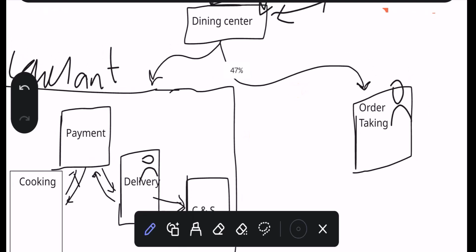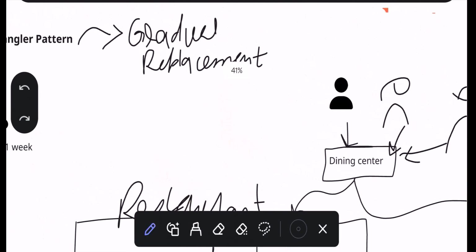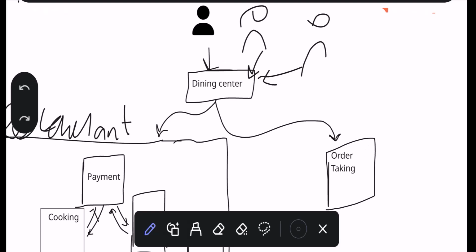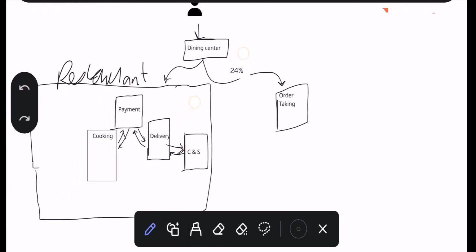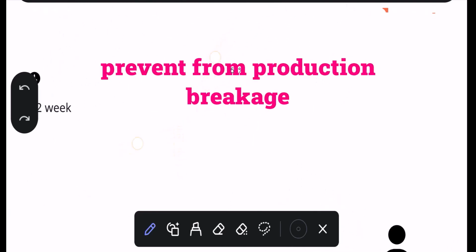This is what happens in the strangler pattern: we do transitions step by step in a gradual manner, so that our production of monolith does not break.